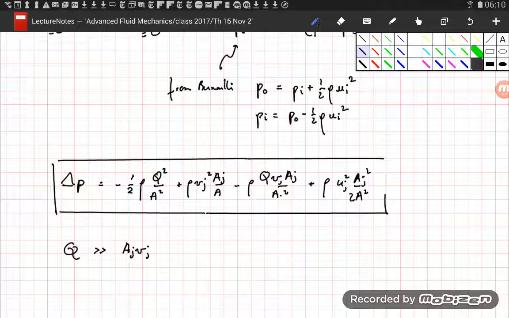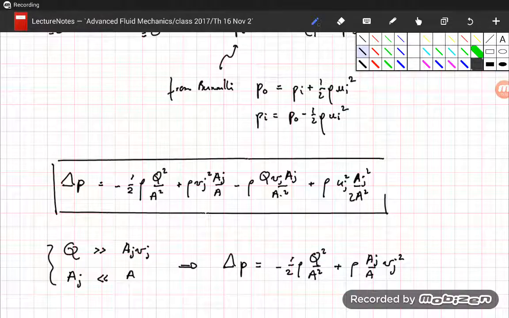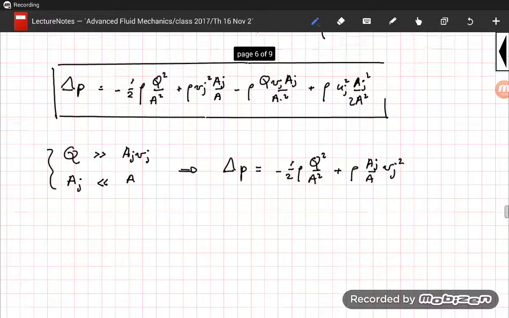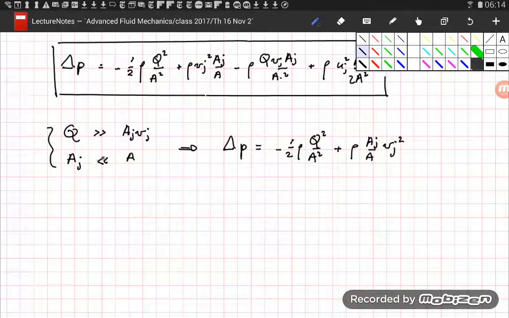And if you also assume that the area of the jet Aj is much more than A, and that Q is much more than Aj times Vj, you can further simplify delta P to this, and it makes everything a bit easier to plot.